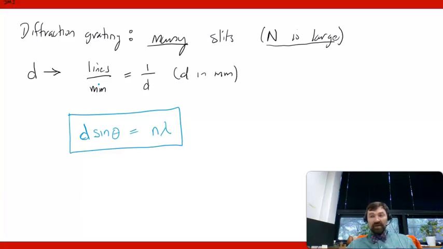If I go to red, then it's maybe a factor of 1.5 times the wavelength. And I can cram more lines per millimeter as well. But this equation still is the operating equation. Essentially, this means that we can predict where the bright spots are.